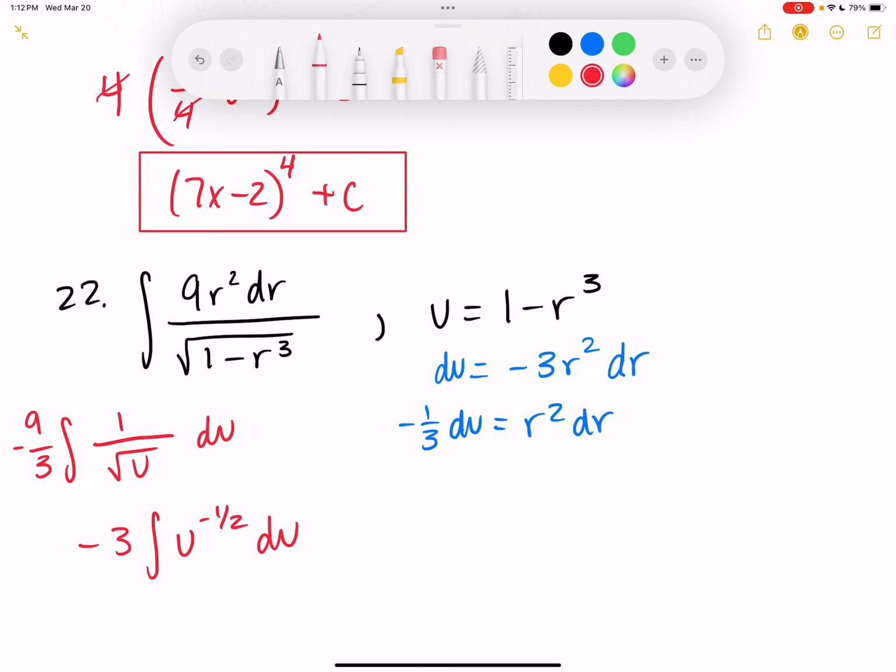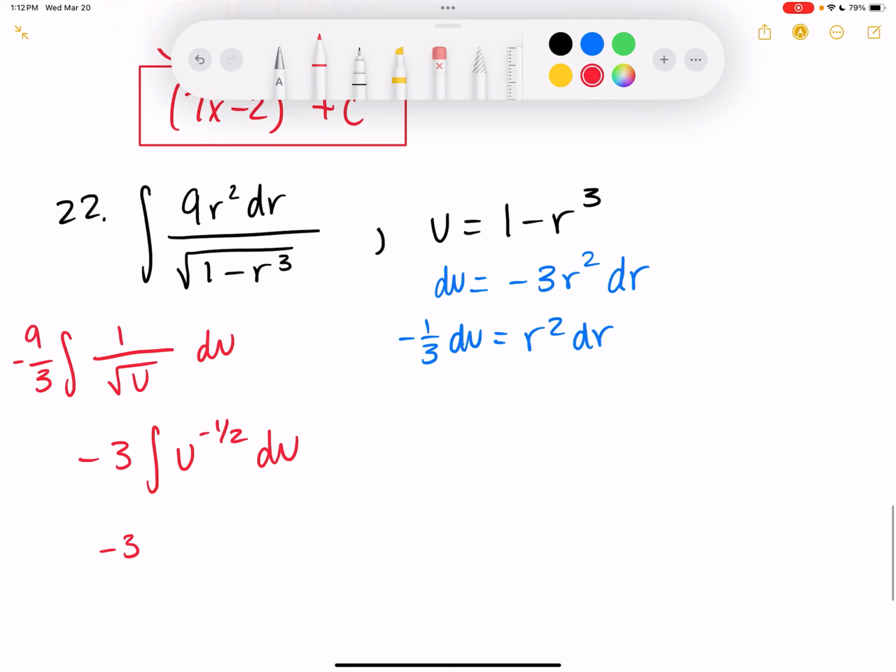Now, what is the antiderivative of u to the negative 1/2? 2u to the 1/2, because when I take the derivative, put that out front, it becomes a 1 with the negative 1/2. Yep, so we're good now. What else?